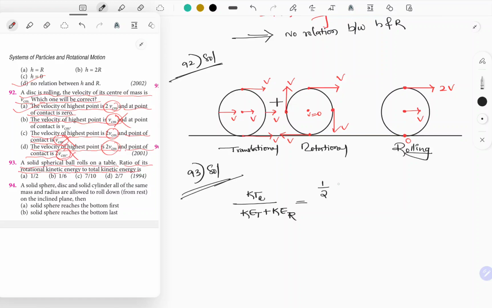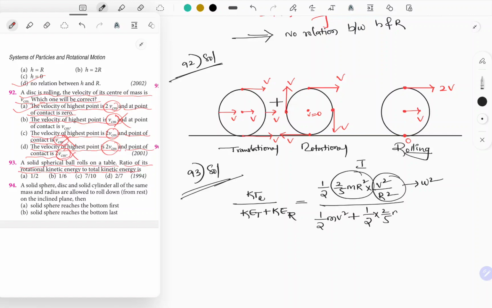Moment of inertia of a solid sphere is 2 by 5 m r square. Omega square is replaced with v square by r square. This is I and this is omega square. Next, the total kinetic energy is translational 1 by 2 m v square plus 1 by 2 into 2 by 5 m r square into v square by r square.